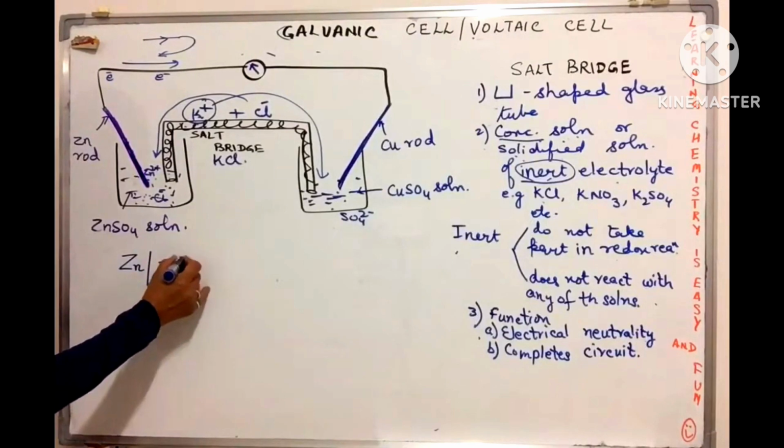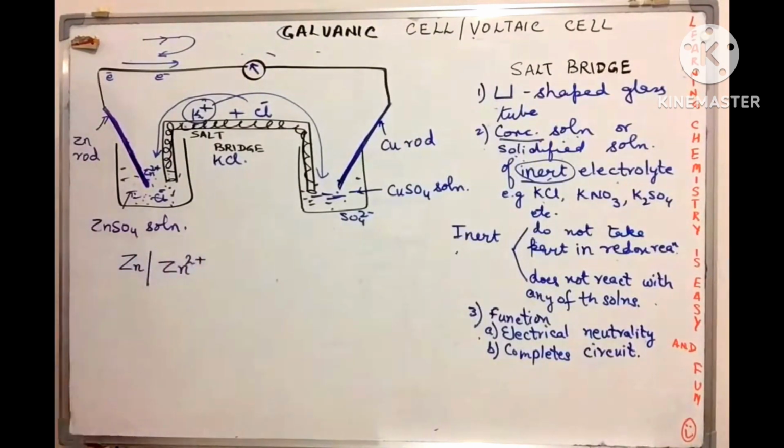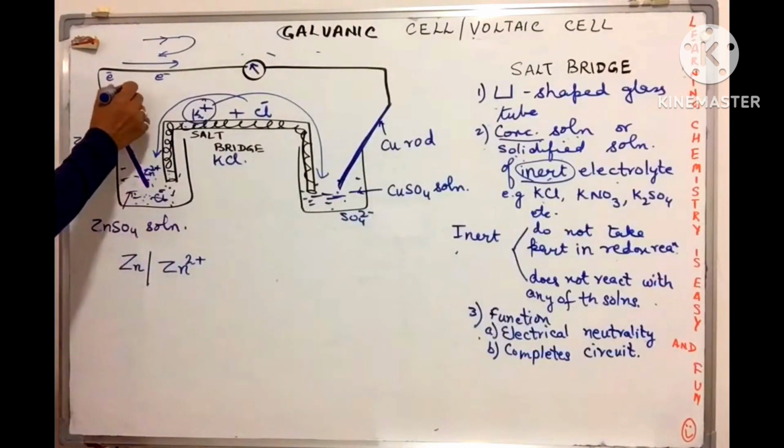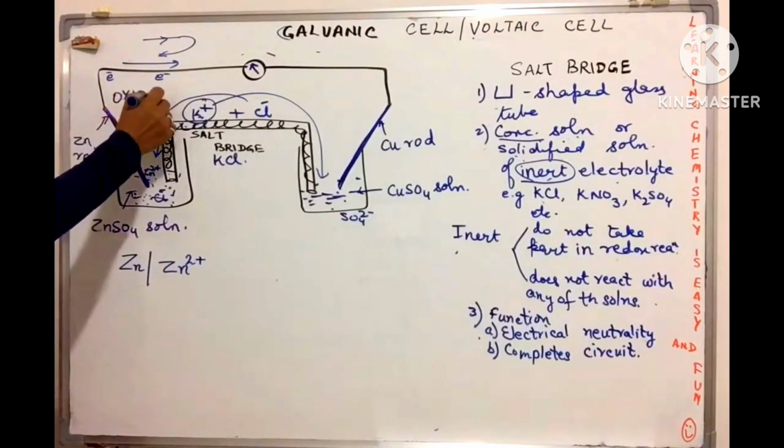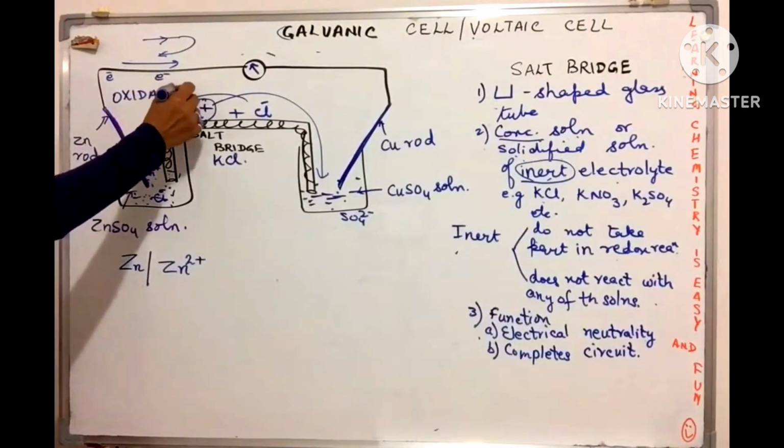So what I do is I make it a little simpler, because I can't draw this diagram every time I have to represent a galvanic cell. So I made it a little simple. Zinc is changing into zinc ions. What is happening over here is loss of electrons, so there is oxidation happening here, right?